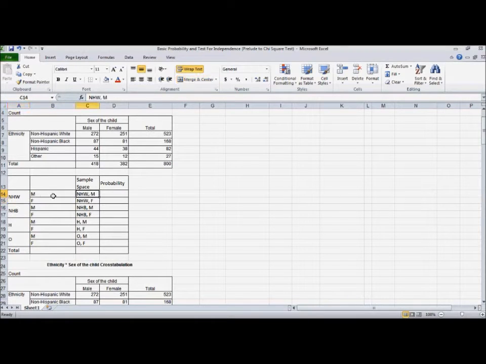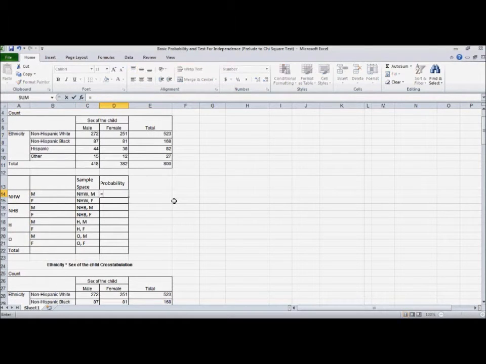For example, non-Hispanic white male, we see there were 272 non-Hispanic white mothers who gave birth to male children. How can we calculate the probability for that outcome? We can see that our sample size was 800, so we simply take a simple proportion.